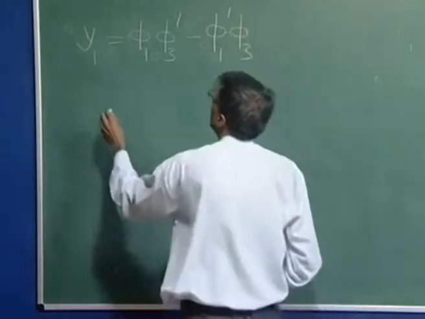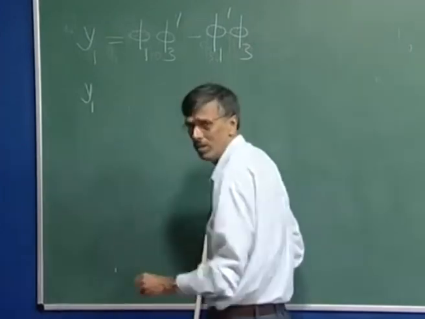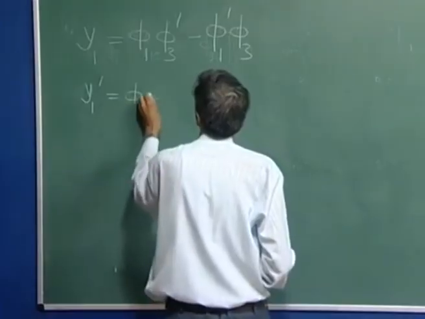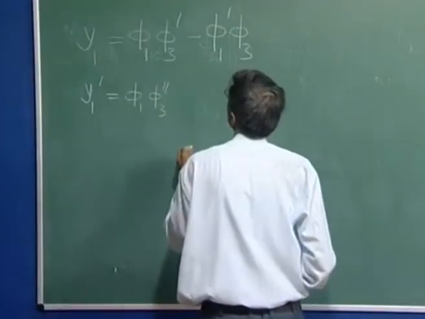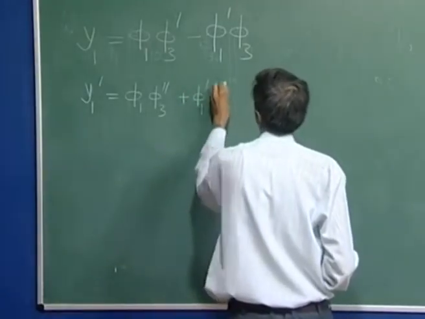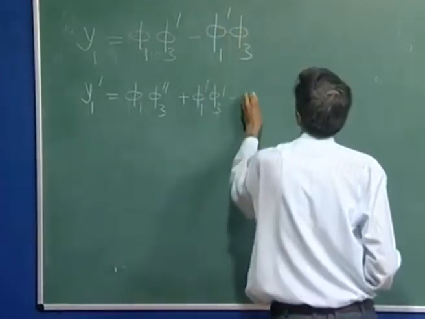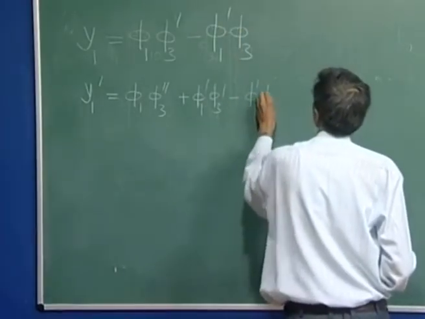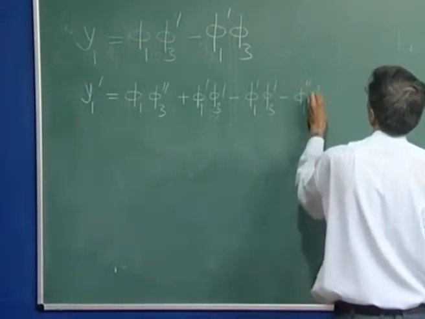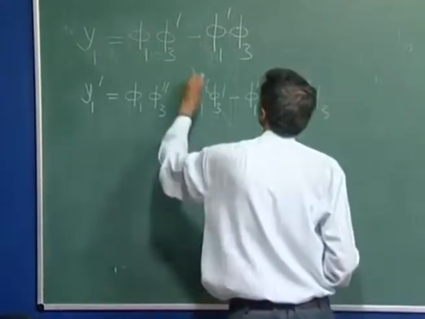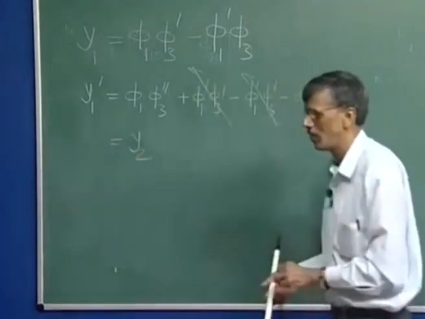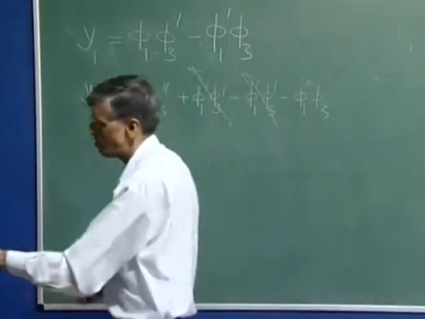If I differentiate it with respect to y, that will be y 1 prime, and we will get phi 1 phi 3 double prime plus phi 1 prime phi 3 prime, and from here I could get a component phi 1 prime phi 3 prime minus phi 1 double prime phi 3. Of course, you can see this cancels with this, and what is left is y 2. So, y 1 prime is y 2.